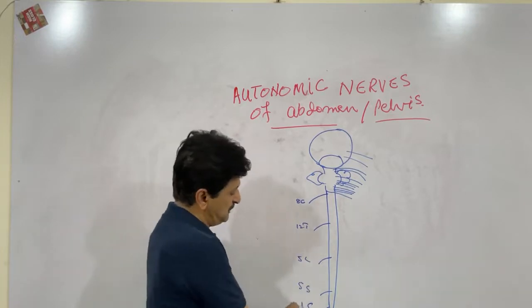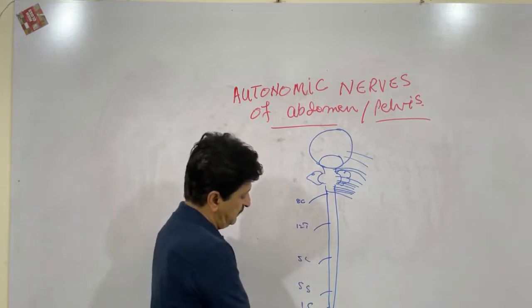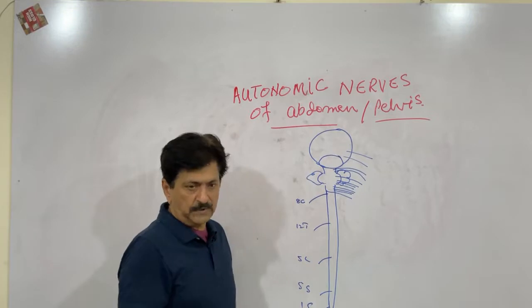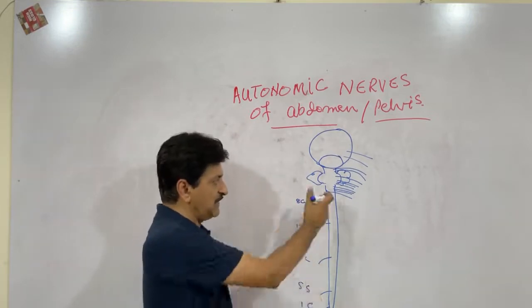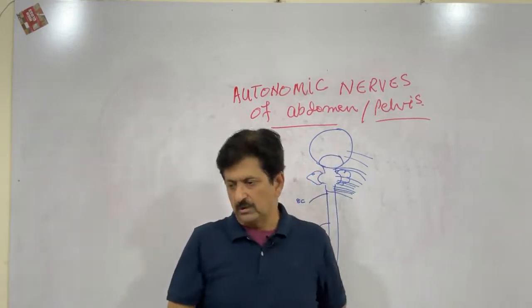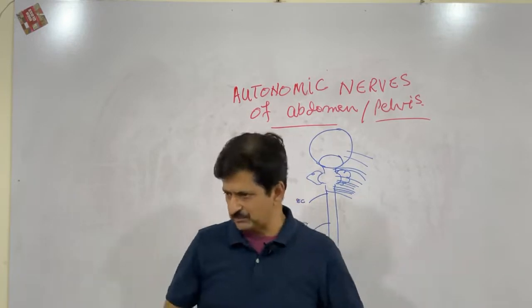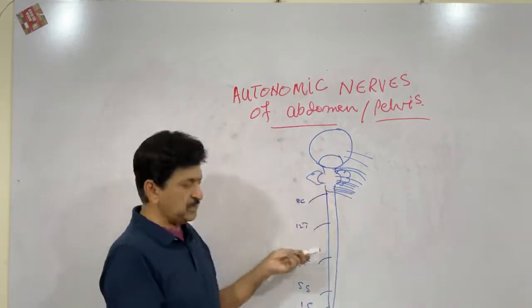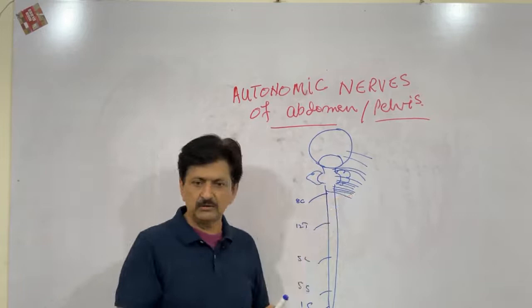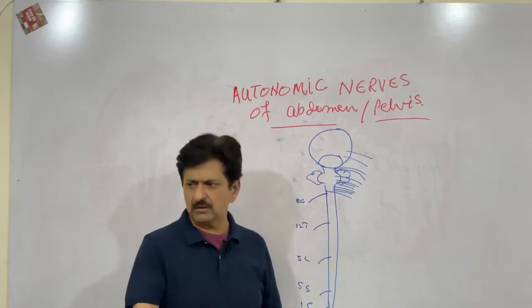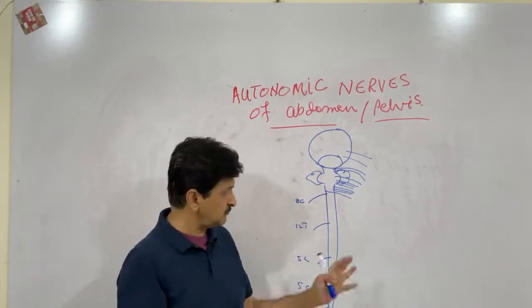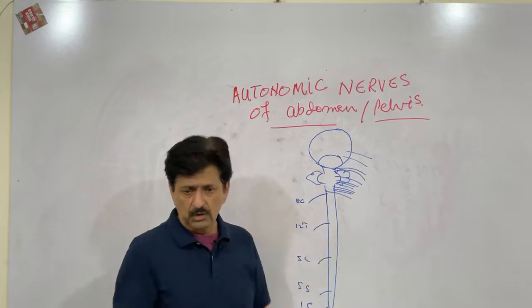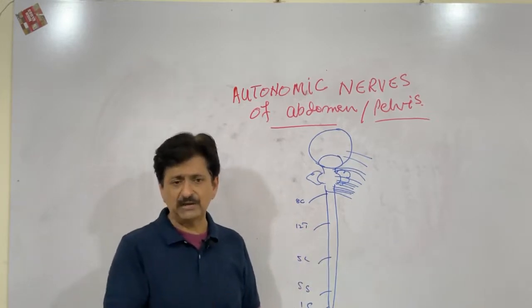So altogether you have got here 31 spinal nerves, and 12 cranial nerves. Together you call it the peripheral nervous system. And this all together, central as well as peripheral, you call simply the nervous system. This is up to you, how you utilize the central and peripheral nervous systems.